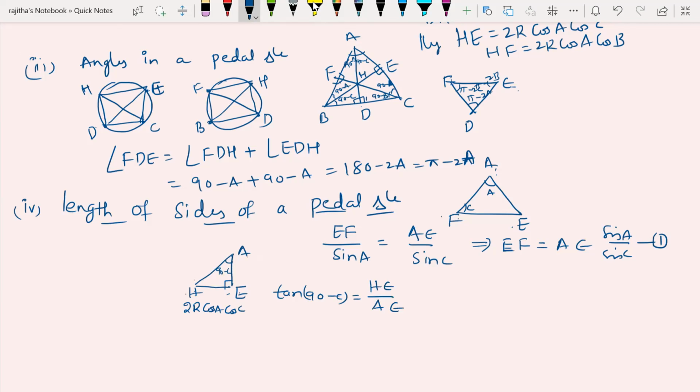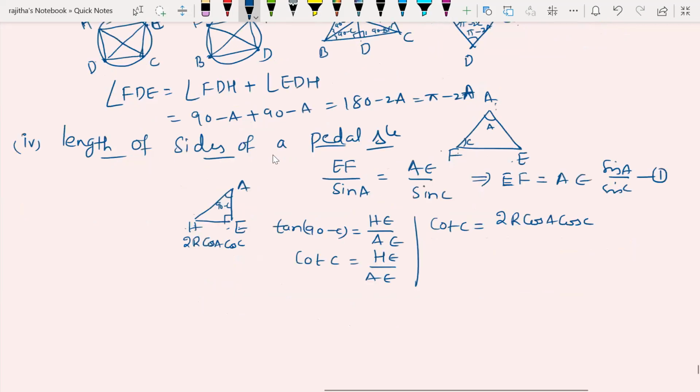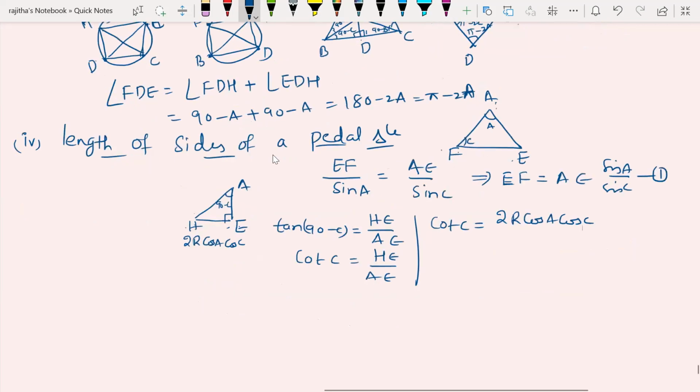Cot C is equal to HE by AE, that is 2R cos A cos C by AE.